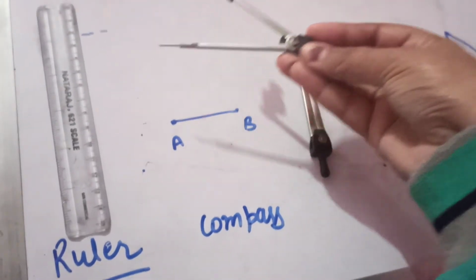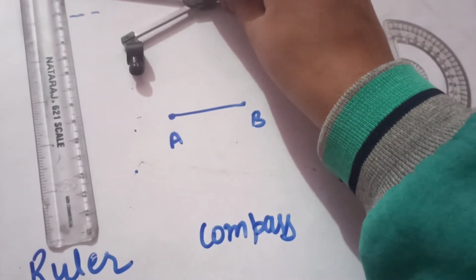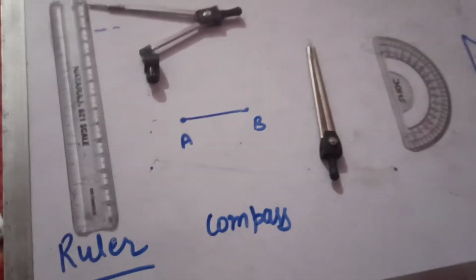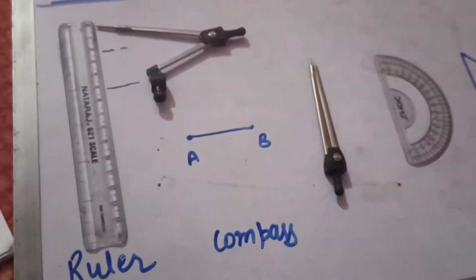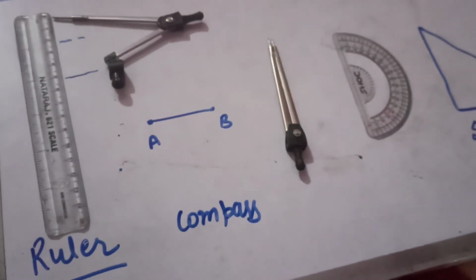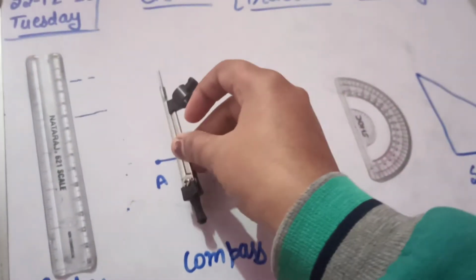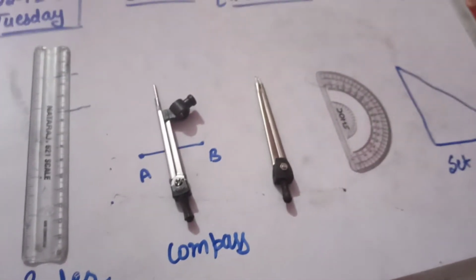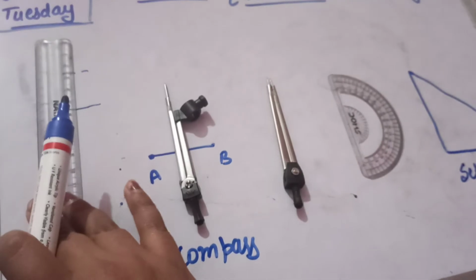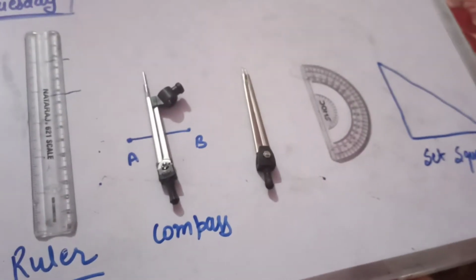So this much. Now you want to measure, put it here at 0 and it will be 5, like this. Clear? So this is the way we use the compass. So the compass is used to draw circles and arcs, and we can use it to measure length.